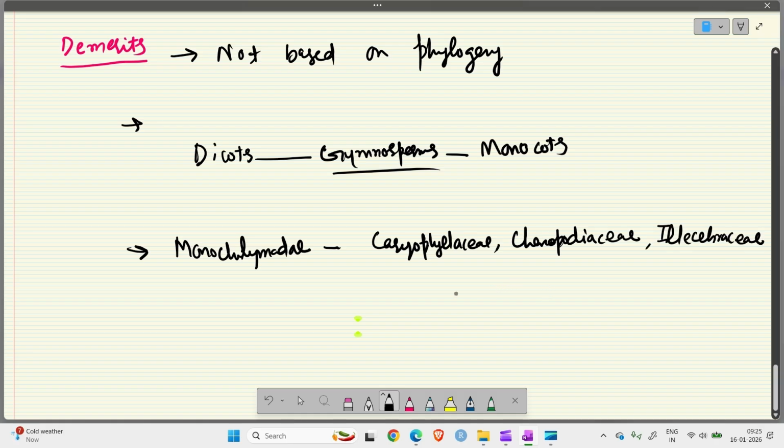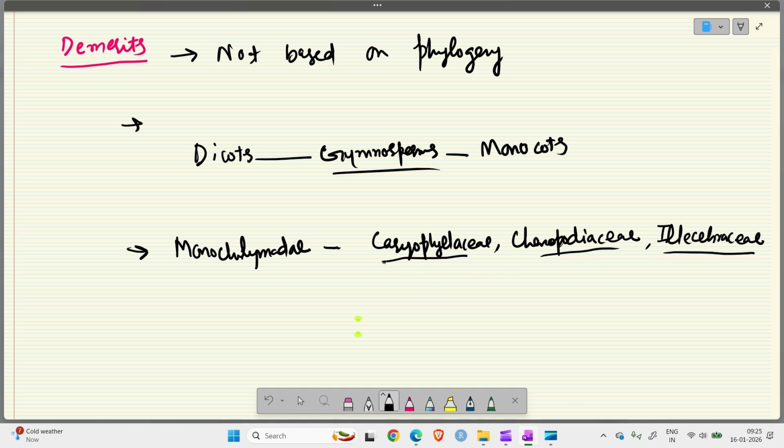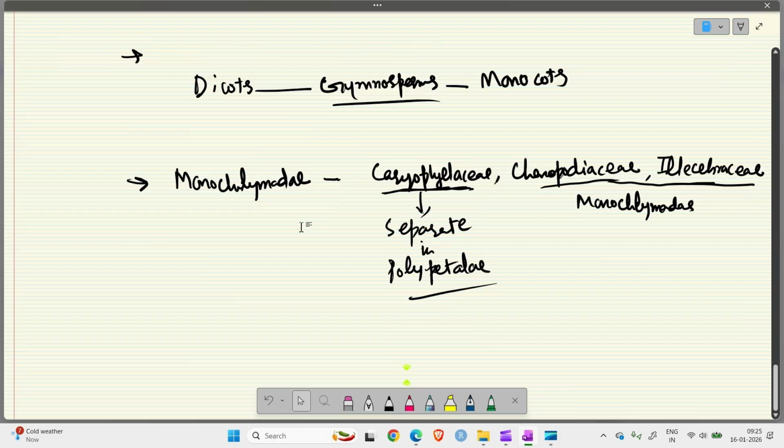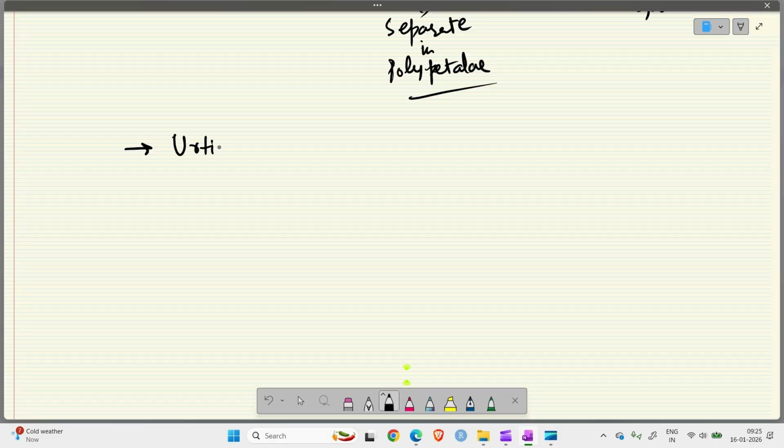These three families are very closely related, but this classification system separated them, putting Caryophyllaceae in a separate group from Chenopodiaceae and Illecebraceae, which are placed in Monochlamydeae, while Caryophyllaceae is present in Polypetalae.